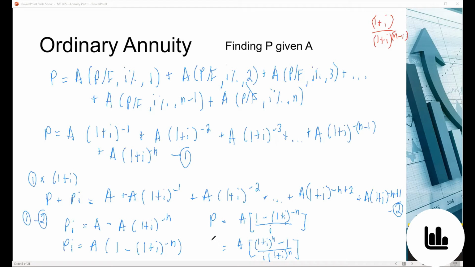Okay, so P. So you can use both of these equations to solve for P given A. Okay? Equation 17 na natin. Huwag na tayo magtuloy-tuloy pala ng bilang. Equation 1 na lang sa Annuity. Okay?